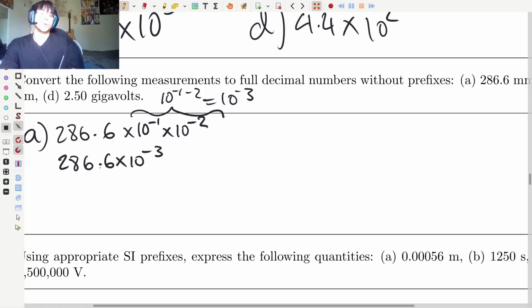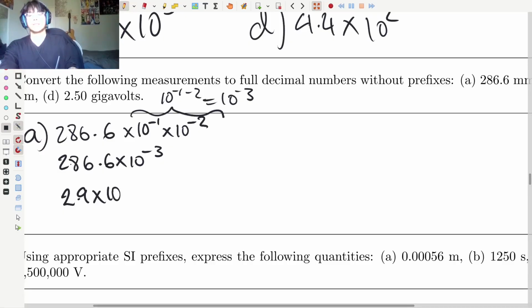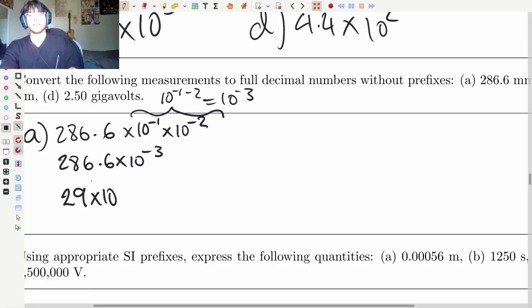But if we were to express this number in significant figures, we would need something like 2.9 times 10, but because we are expressing with a decimal all the way here, what we can do that is maybe more sensible is to just do 29 times 10 to the minus 4 meters.